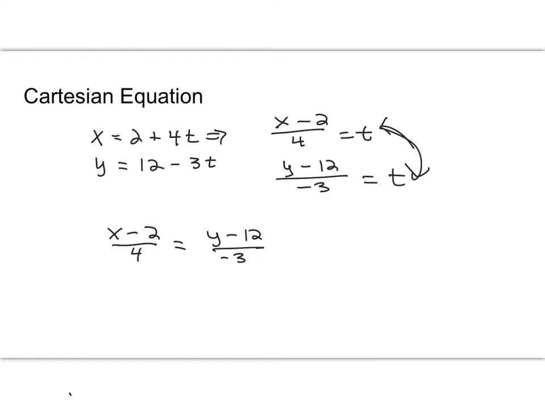So I'd have to multiply both sides by -3. That's going to clear this side, and I'd multiply both sides by 4. That's going to clear this fraction, and I'd end up with -3x plus 6 equals 4y minus 48.